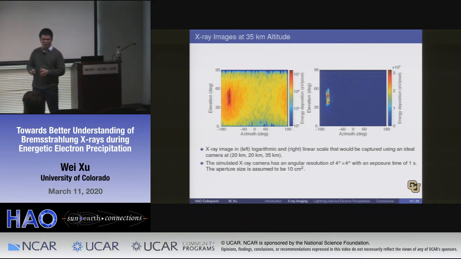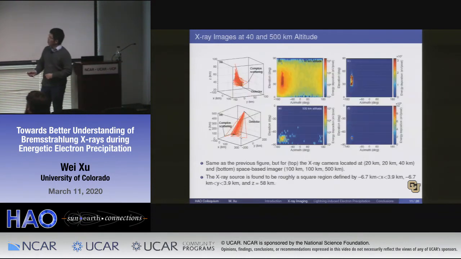This figure shows the X-ray images in the log and linear scale, and the X-ray camera is assumed to be located at 35 kilometer altitude. We have also simulated the X-ray images at 40 kilometer altitude, slightly higher in altitude and closer to the source.